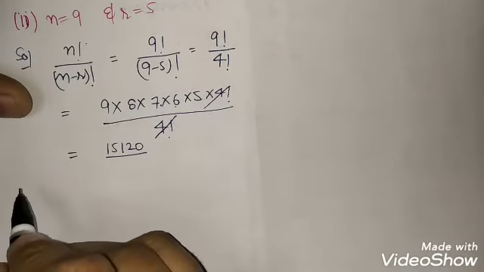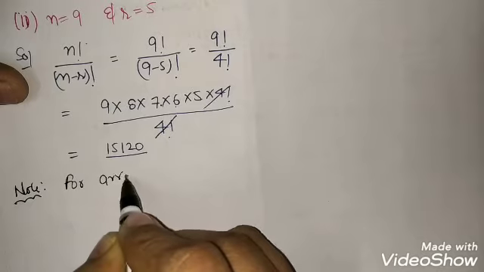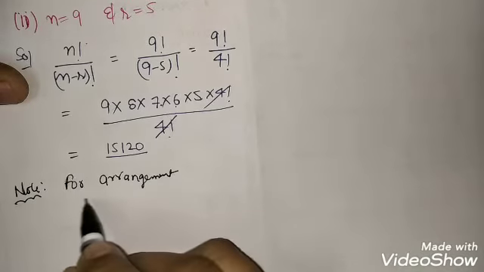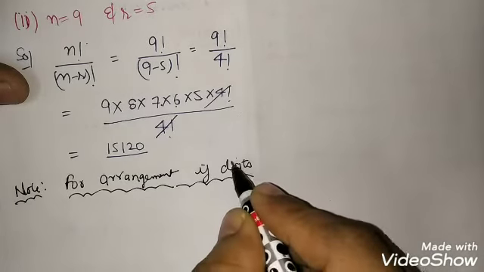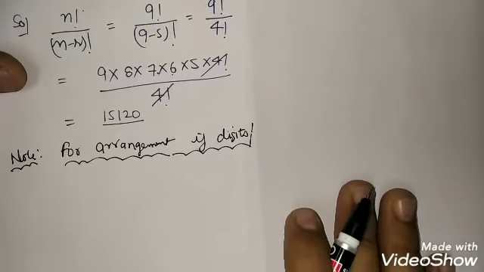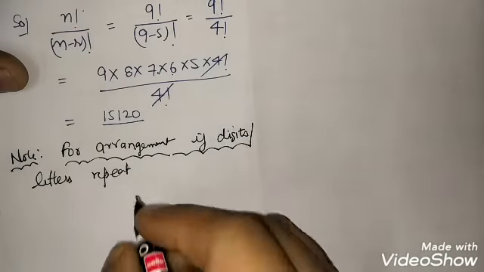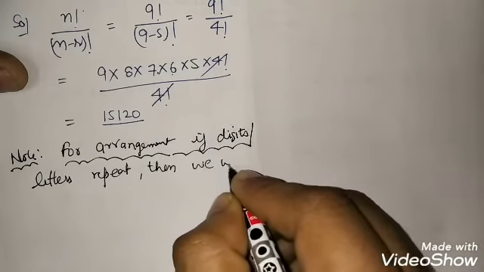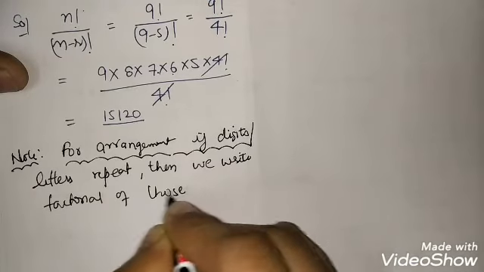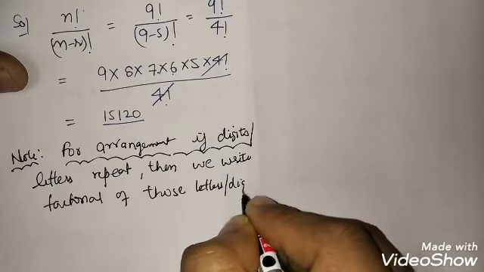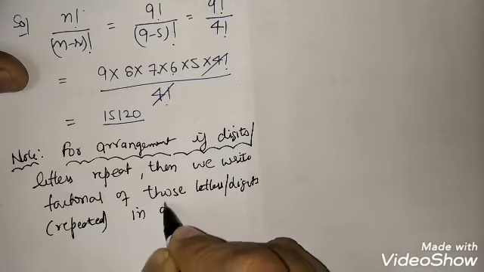See, for arrangement, note: if digits or letters repeat, then we write the factorial of those letters or digits, the number of times it is repeated, in the denominator.